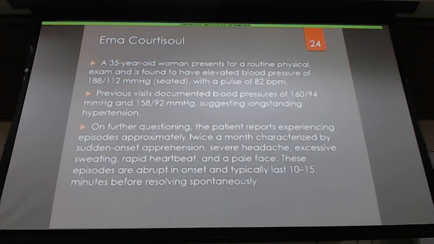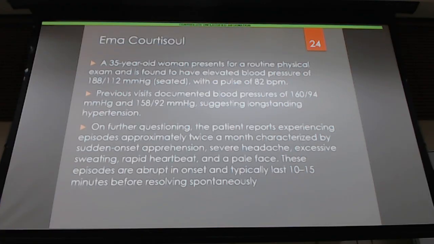Cortisol is a 35-year-old woman who presents for routine physical exam and is found to have elevated blood pressure, 188 over 112, pulse 82. Previous visits, her blood pressure is 160 over 94, 158 over 92. So can we go ahead and say she has hypertension, right? Yes. On further questioning, the patient reports experiencing episodes approximately twice a month characterized by sudden onset of apprehension, severe headache, excessive sweating, rapid heartbeat, and pale face.